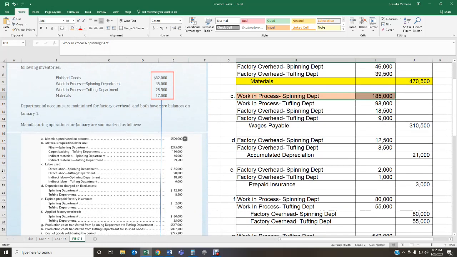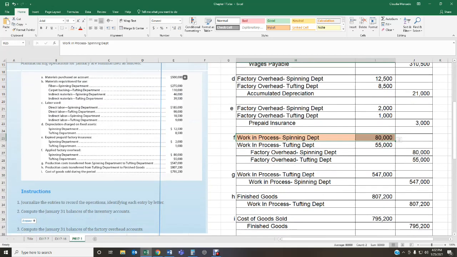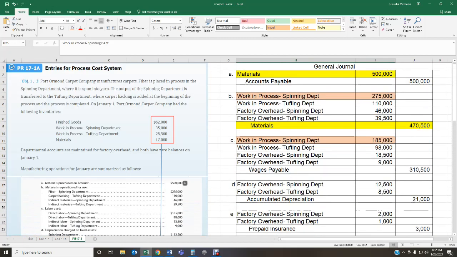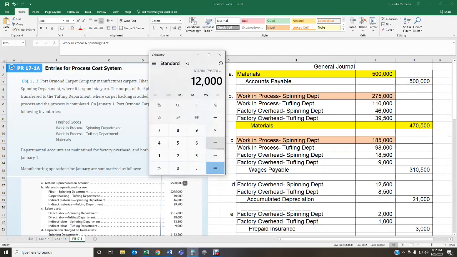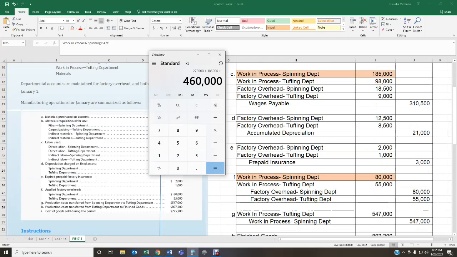And that's a debit, that's 3. And that is it. So we have 3 transactions, one for 275, one for 185, and then one for 80. So that gives me $540,000 in debits.